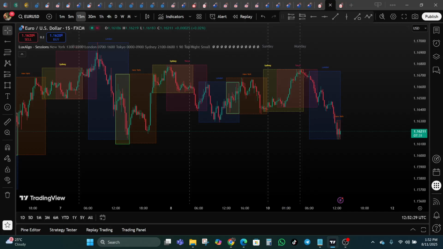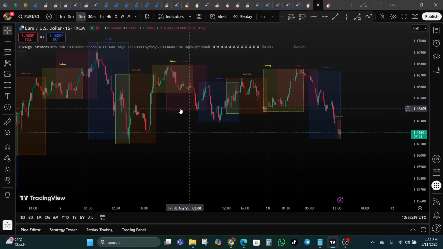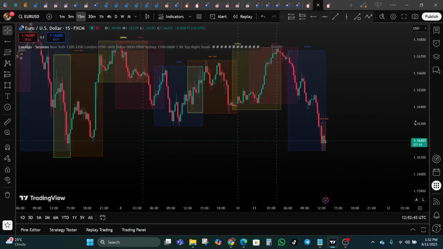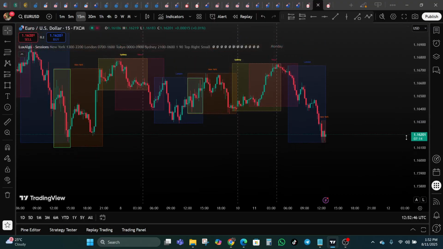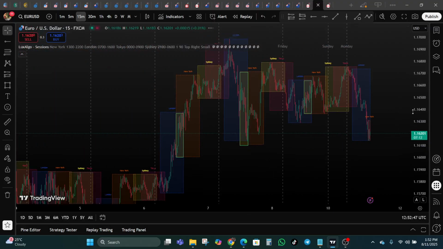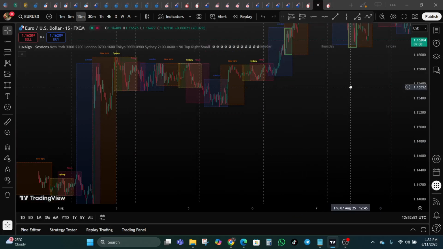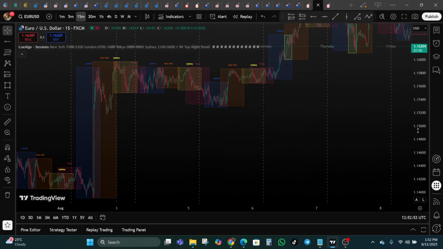Now, one mistake is treating every time window the same. Just because it is a busy session does not mean the setup is valid. Remember, there is no strategy that guarantees 100% profit. No strategy out there guarantees profit all the time.